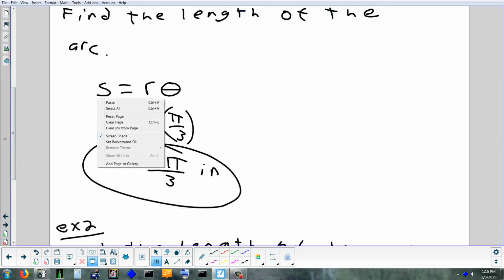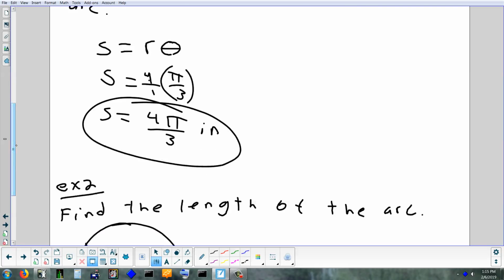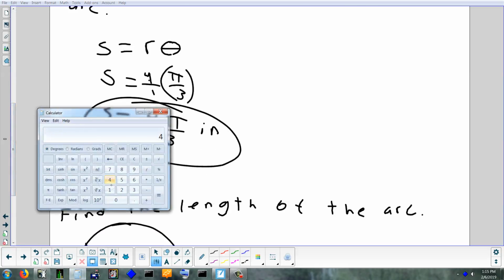S is a length, R is a length, theta is an angle. That's different. Okay? So 4 pi over 3 inches, or if they wanted a decimal, 4 pi over 3, it's about 4.19 inches.